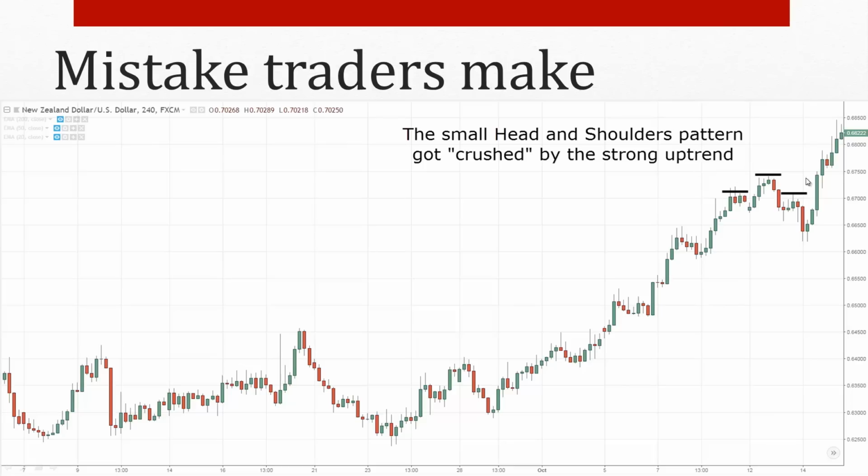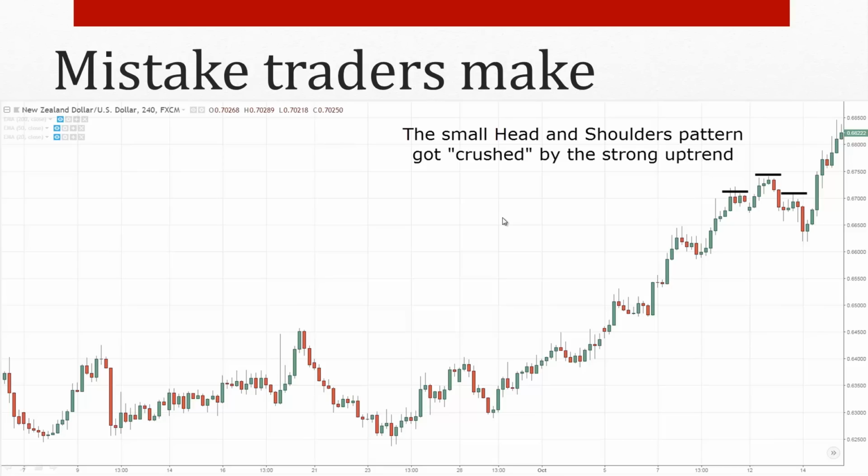So in this case, the market did continue trading higher. So this is one thing to take note of: the preceding trend before the head and shoulders pattern. If you can pay attention to this one thing, you would be able to filter for much higher probability head and shoulders chart patterns.